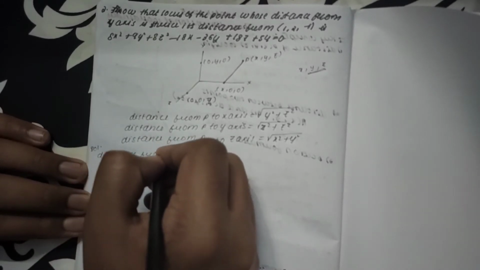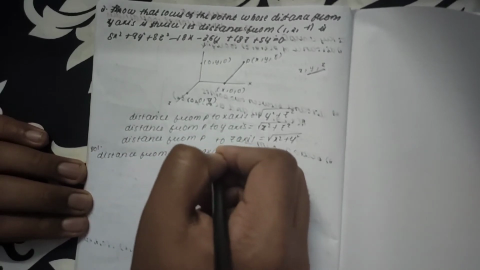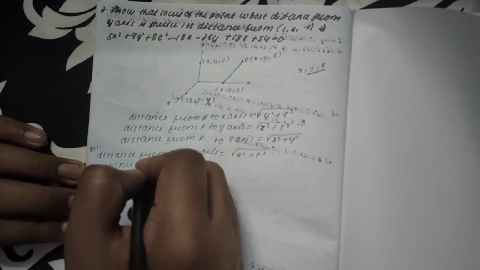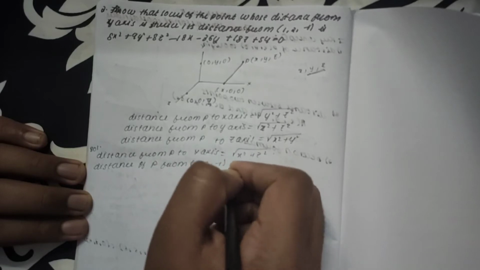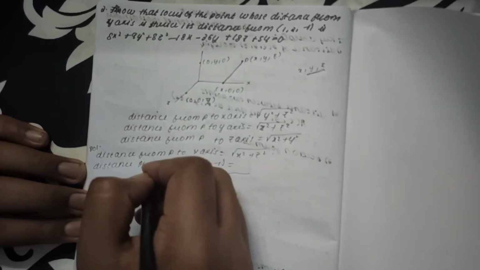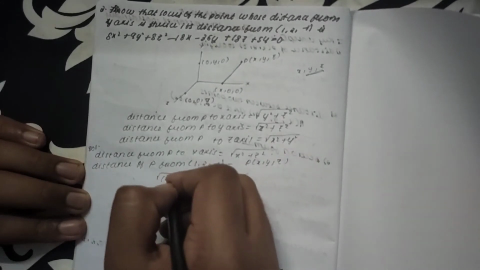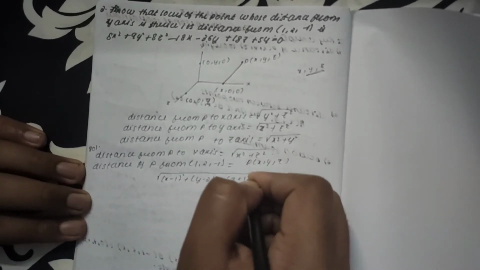It is given that the distance from P to the y-axis is root over x square plus z square, and the distance of P from (1, 2, minus 1) is root over, as we know that the value of P is (x, y, z), apply the distance formula, (x minus 1) whole square plus (y minus 2) whole square plus (z plus 1) whole square.